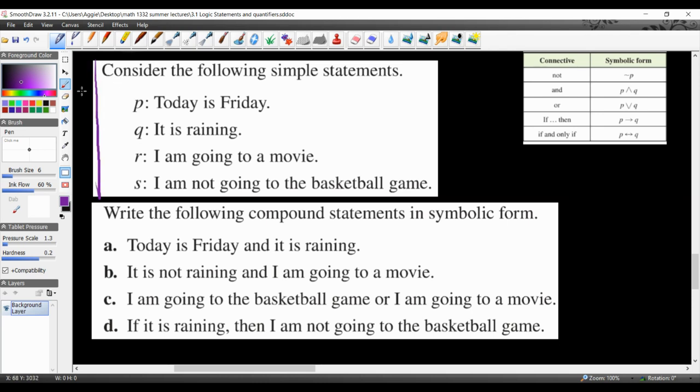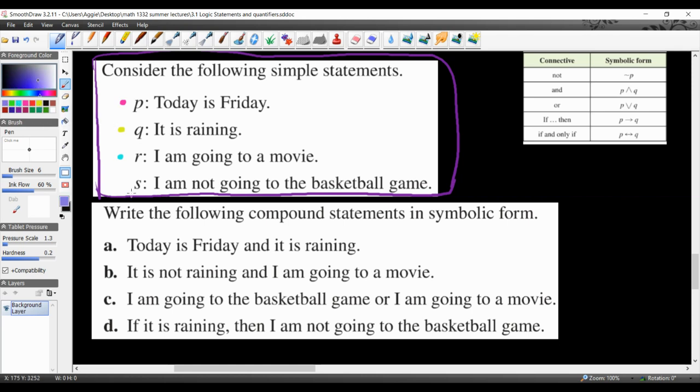We're looking at this box right here. This is going to represent 4 different simple statements. We have P, today is Friday. Q, it is raining. Let me color code them. So we have P, today is Friday. Q, it is raining. R, I'm going to a movie.